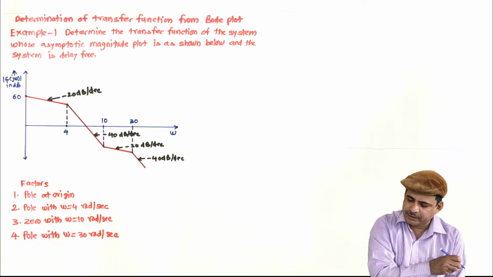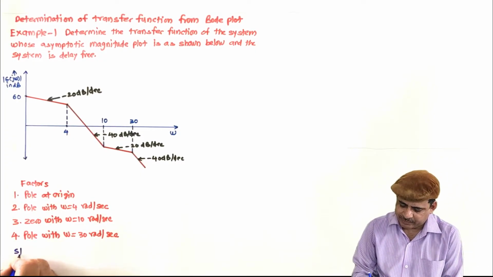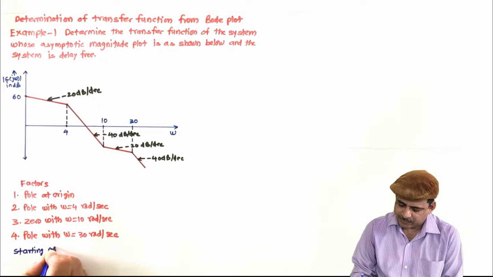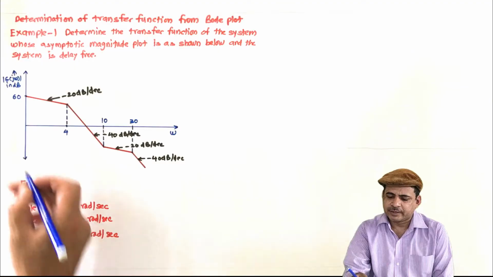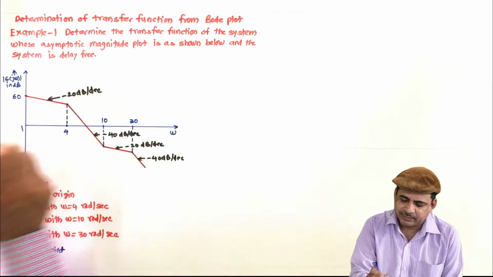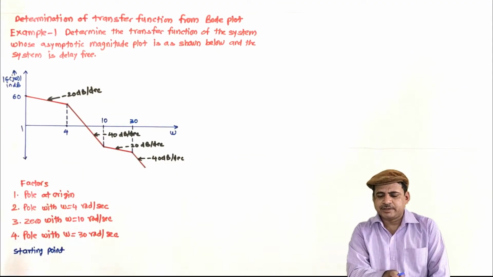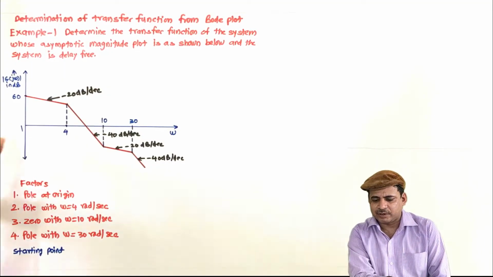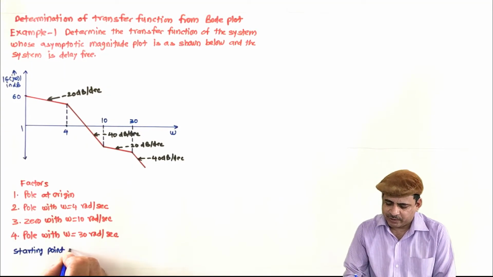So here, the starting point, this frequency, is at 1 radian per second. So if this is at 1 radian per second, the gain is 60 dB at 1 radian per second, which means the starting point will be 20 log k only.